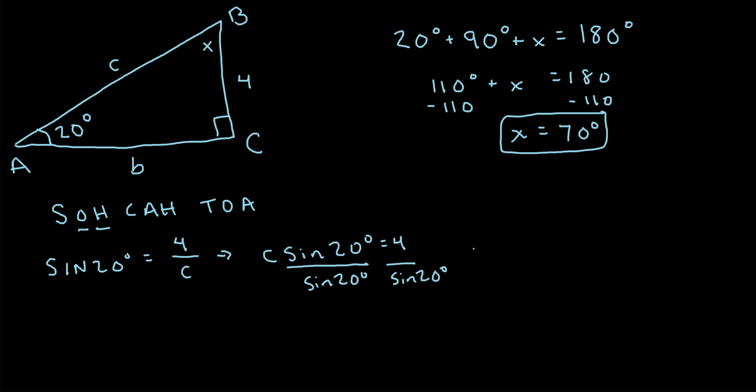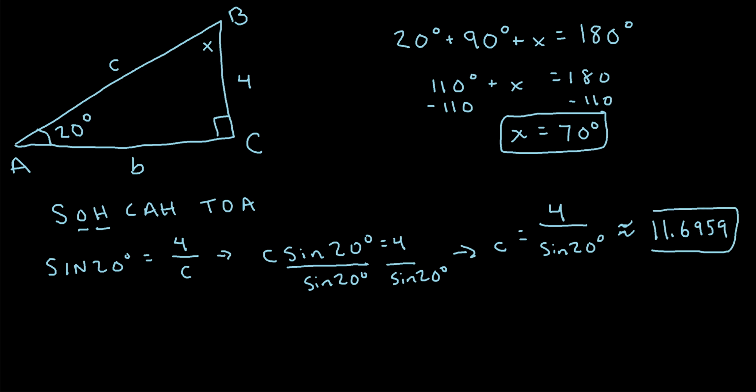So we'll get c is equal to 4 divided by the sine of 20 degrees. And if we punch that into a calculator, we'll get roughly 11.6959 and a bunch of other decimals after that. That's what c is. So that's the length of our hypotenuse.